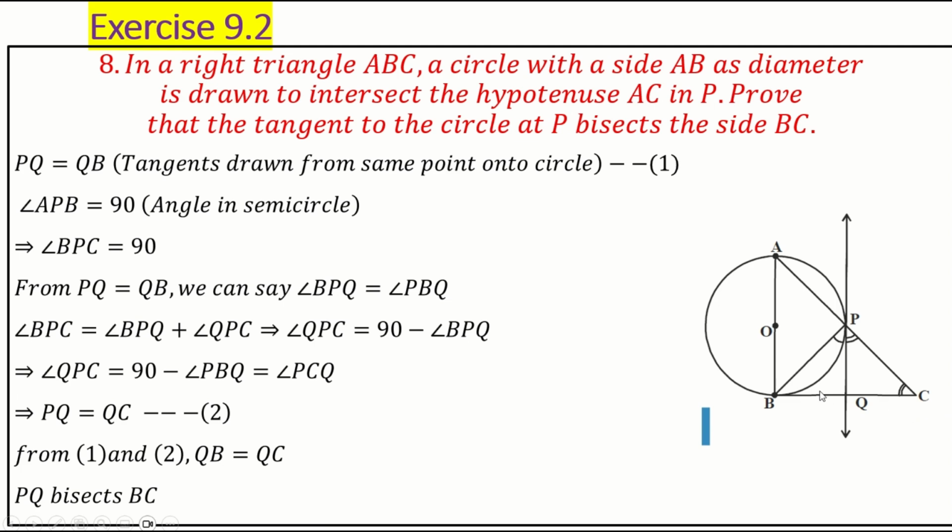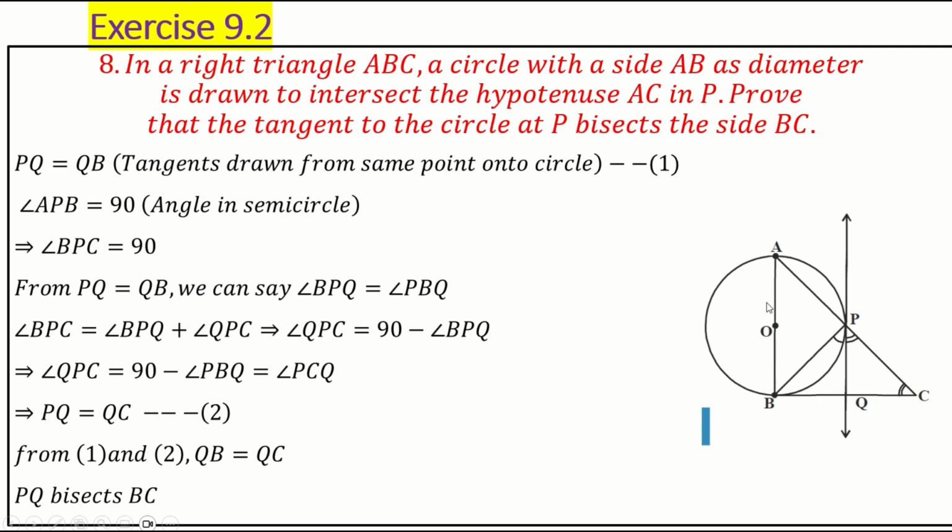Okay. Now look at the tangents to this one. There is a tangent from Q. There are two tangents drawn to this circle, QP and BQ. Right? QP equal to BQ because these are tangents from the same point. Correct. These two are same. And also APB equal to 90 degrees.